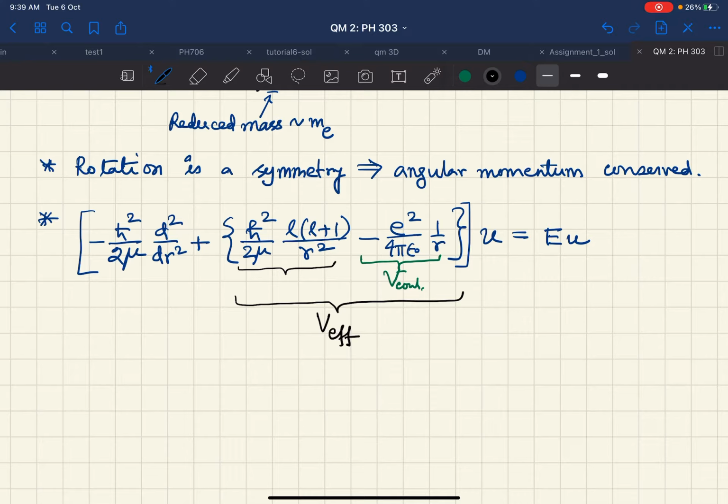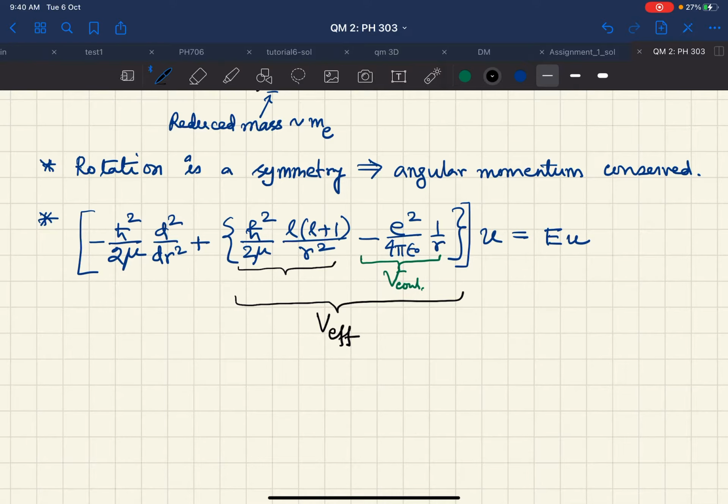And the form of the trial wave function in this particular case needs to be decided by looking at the symmetry properties of the problem and by keeping in mind that we are looking at the ground state of the hydrogen atom. We know that in the ground state the angular momentum L is 0, so that this ground state must be completely spherically symmetric, and hence it can only depend on radial coordinates. There should not be any angular dependence in the ground state wave function.